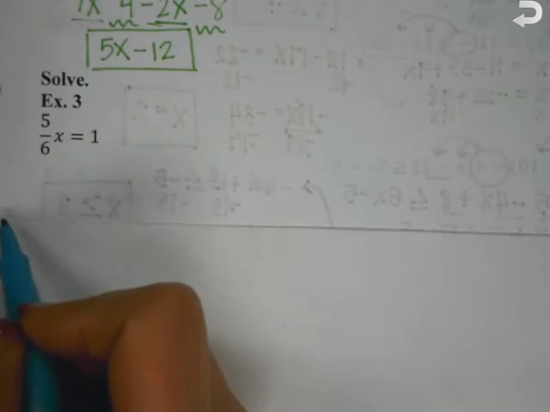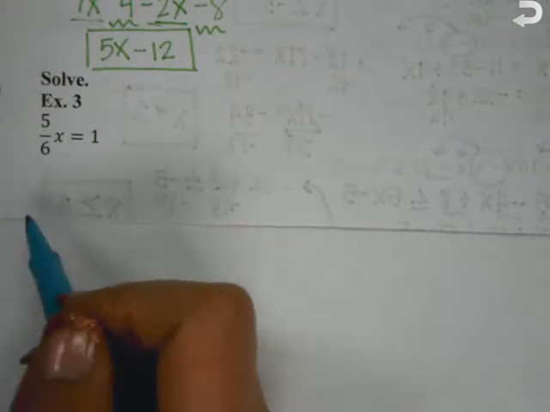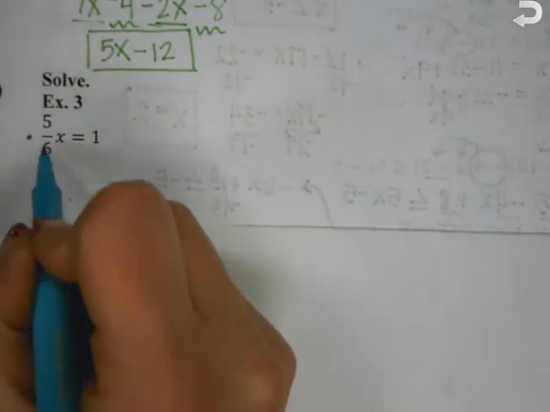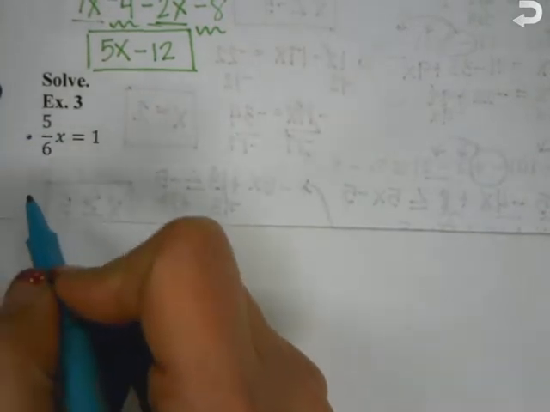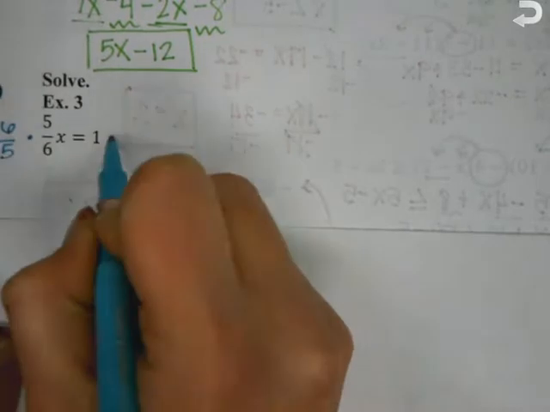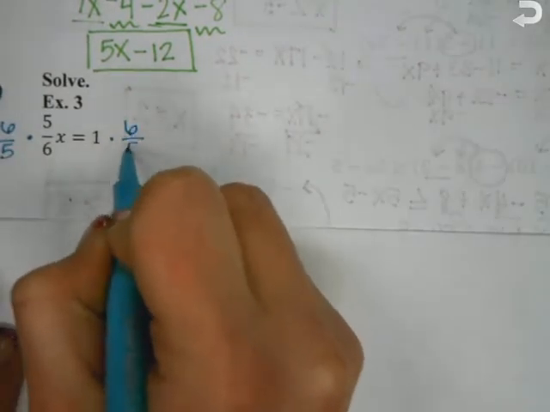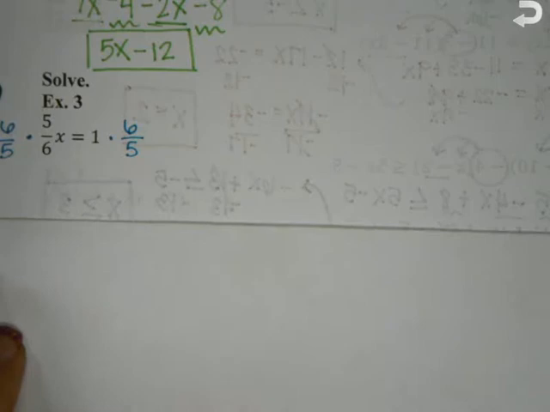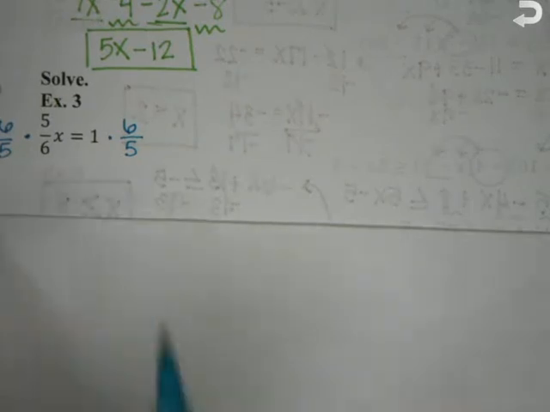Julia, do you remember? Multiply by the reciprocal. Watch this. What's the reciprocal of 5 over 6? Good, 6 over 5. So let's multiply both sides by 6 over 5. And let's see what happens. If I have 6 over 5 times 5 over 6, do you see anything that cancels?